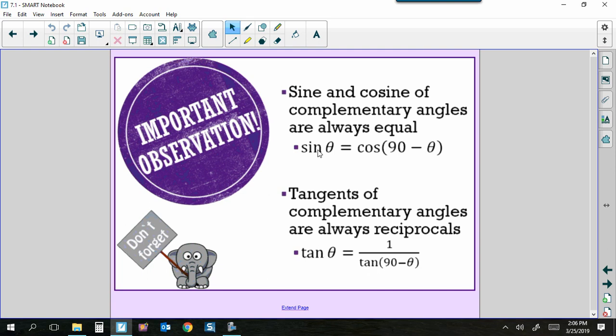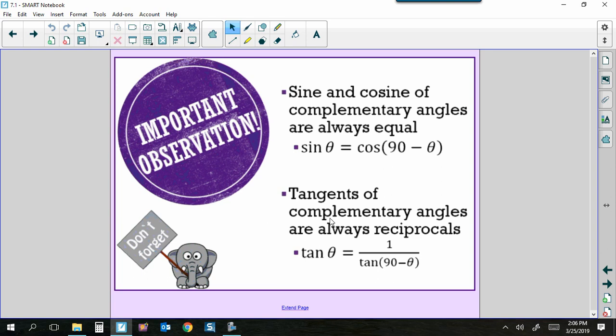So sine of 30 would be equal to cosine of 60. That makes total sense. So sometimes you may see it written this way. Honors, I know you will see it written this way, so make sure you understand what this is talking about. Again, sine and cosine are equal when you have one angle and then its complementary angle in the other spot.